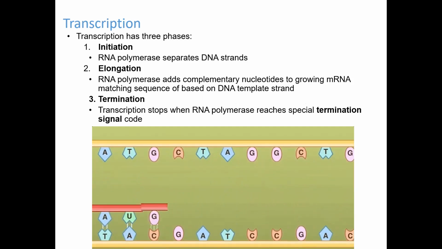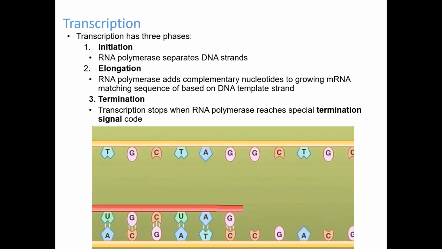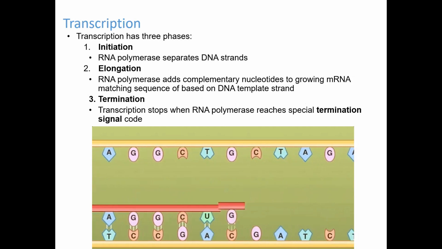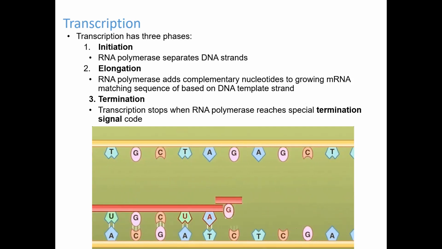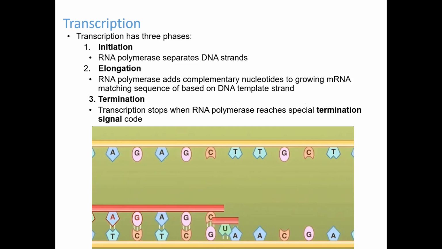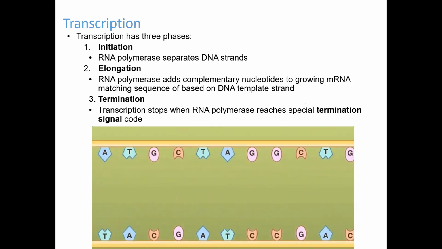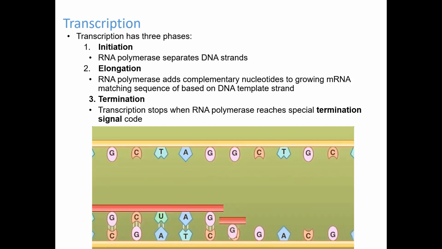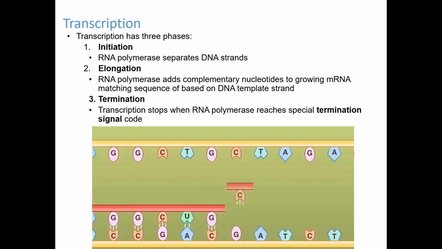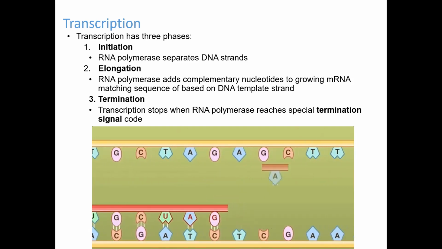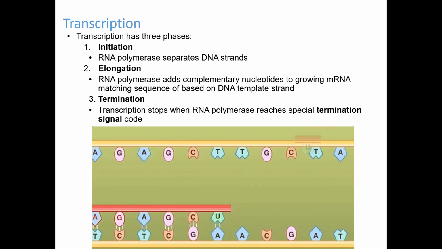So transcription starts out with initiation. The DNA strand opens up. The strand is assembled thanks to the RNA polymerase, and it elongates. It stretches out to the length of the gene. And then it hits a stop signal, a termination signal.